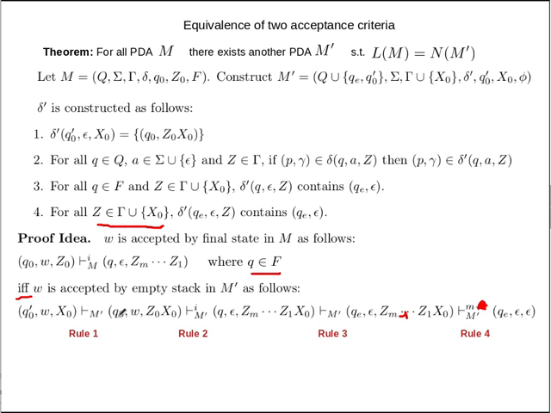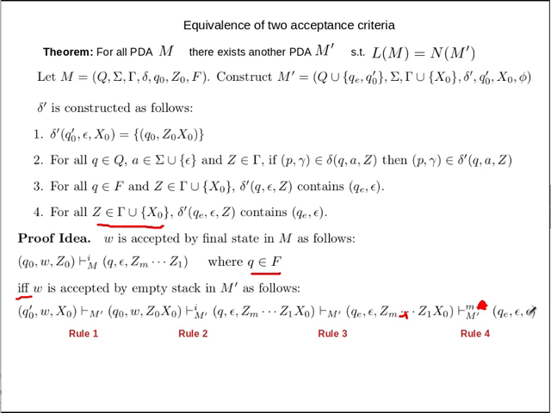Because all the states you will encounter, all the stack symbols you will encounter, they correspond to this thing, and by this rule, this delta prime is the same as delta for those things. So for some number of steps you will just simulate this M, right? So now how can you go to an empty stack?